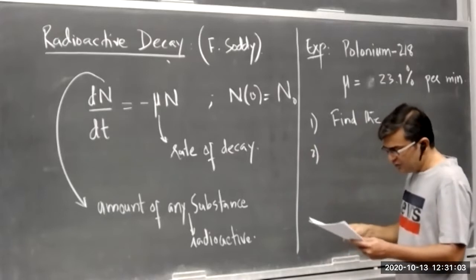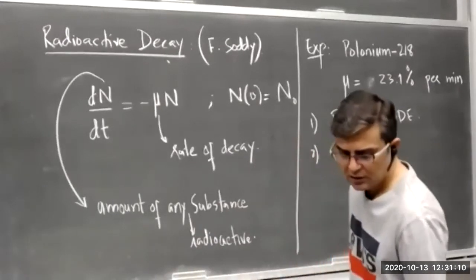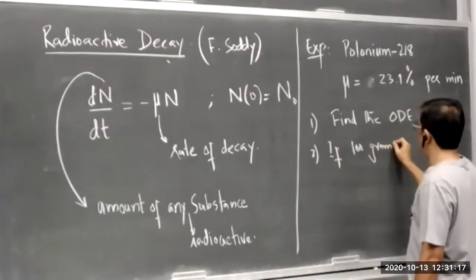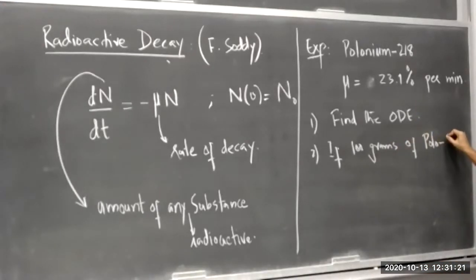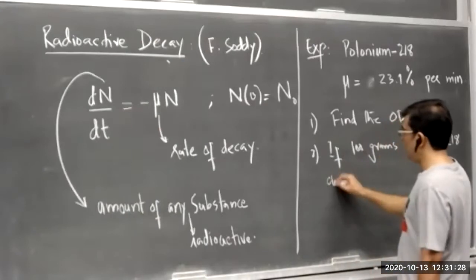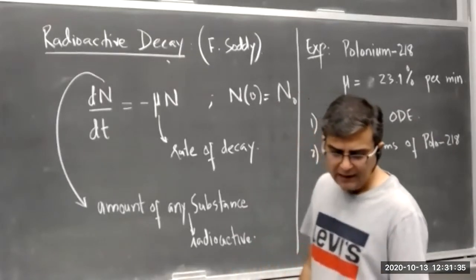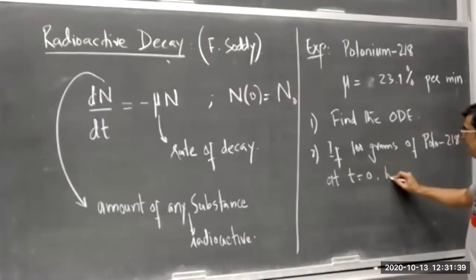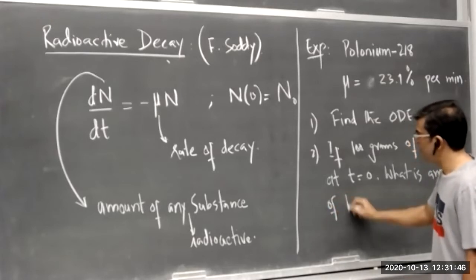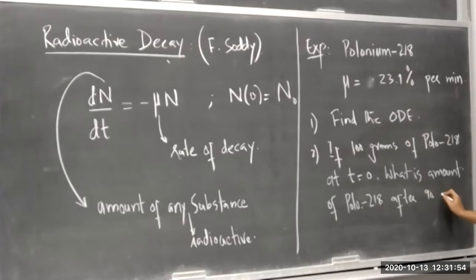Second, if 100 grams of polonium 218 is present at t equals 0, what will be the amount of polonium 218 after 90 seconds?